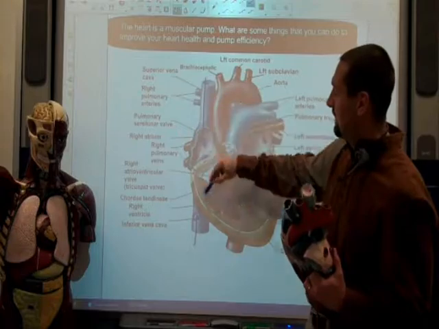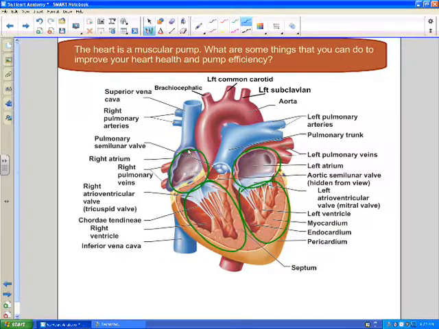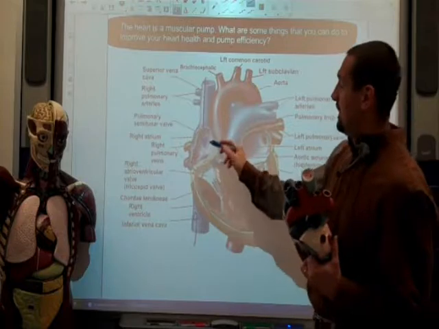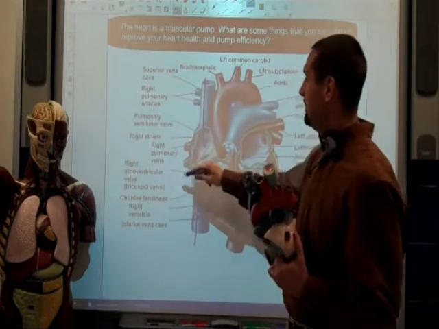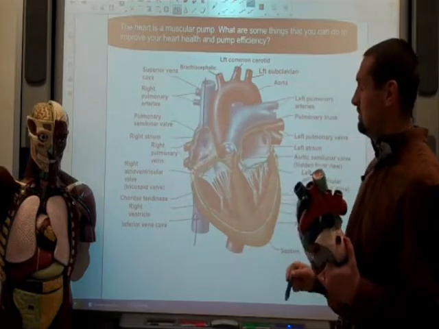So this blood is coming into the heart. Deoxygenated blood from the body being cycled through the heart, through the vena cava, into the right atrium.